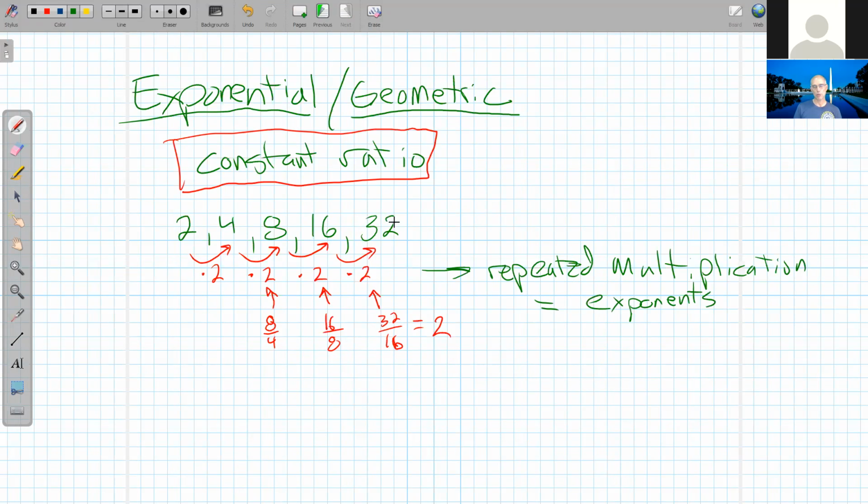Okay. So for example, this value of 32 right there is equal to, starting with 2, so I have that green 2, and then multiplying by these red 2's 1, 2, 3, 4 times. Okay? I started at 2, and then I multiplied by 2 repeatedly till I got to 32. So that's the recursive pattern here.